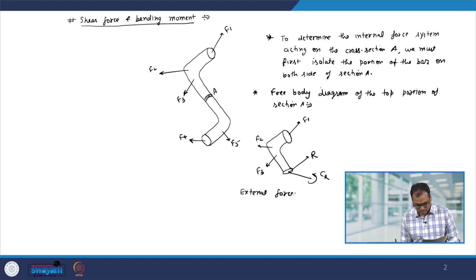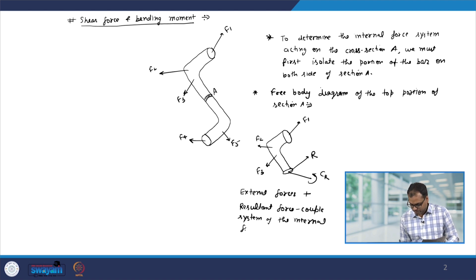So, in this free body diagram, we have external forces plus the resultant force and couple system of the internal force. Note that this resultant R is acting at the centroid, or at the center of this cross section, and the axis of the couple is also passing through the centroid.